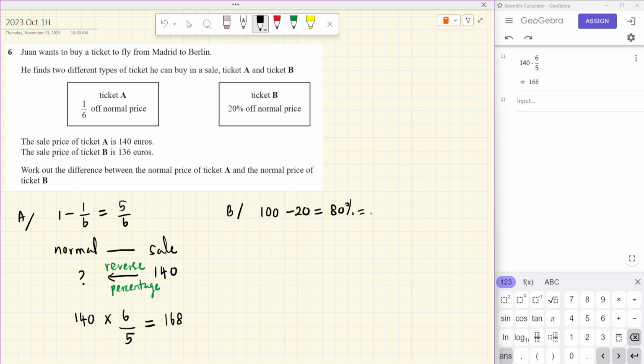That means 80/100 as a fraction. Then normal price not given, sale price is 136. This is also a reverse percentage because we need to find the initial.